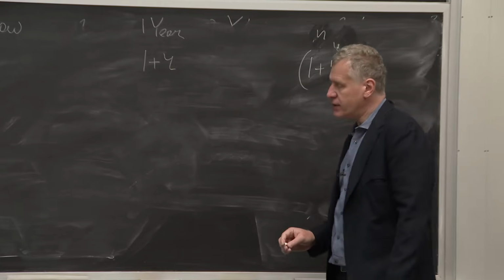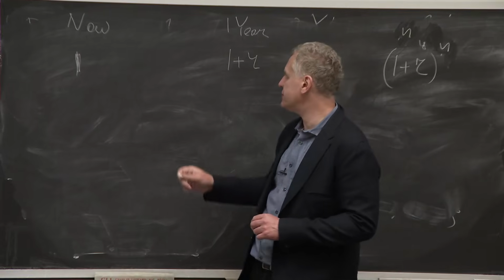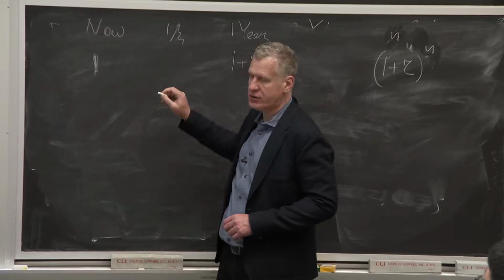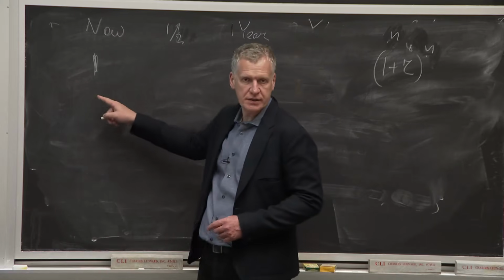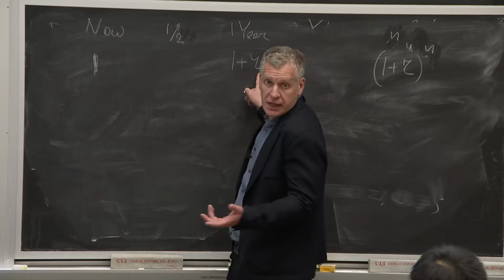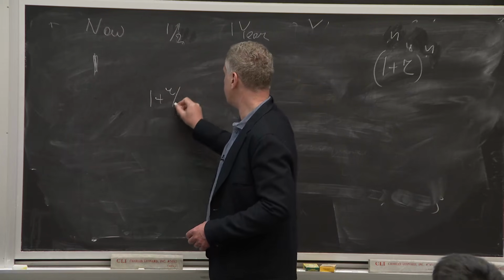So now let's make life a little bit more complicated. What happens if you decide to take your money in half a year? You had 1 here. So what happens in half a year? Well, you get half of the interest, right? So it will be 1 plus R over 2.